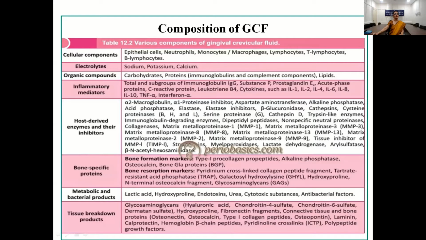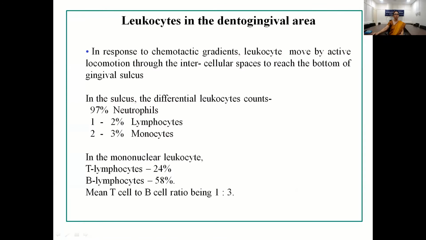It also contains host-derived enzymes and their inhibitors, bone-specific proteins, metabolic and bacterial products, that is lactic acid, hydroxyproline, endotoxins, urea, cytotoxic substances, different antibacterial factors, and it also contains tissue breakdown products. Now, leukocytes in the dentogingival area constitute the defense mechanism of gingiva.